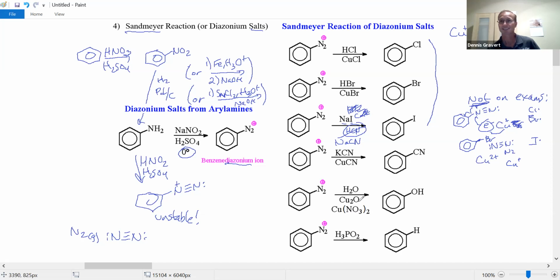So you have to have the oxide. And now I believe the copper 1 oxide is a little bit stable. So you have to add a little copper nitrate to kind of get the system going. 3 reagents that change the diazonium salt to an alcohol, a phenol group, phenol.